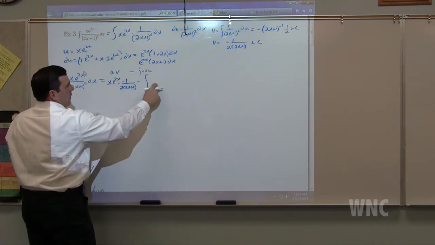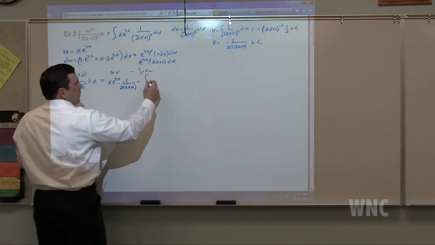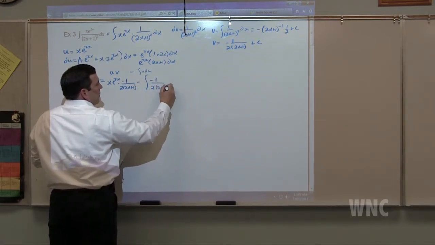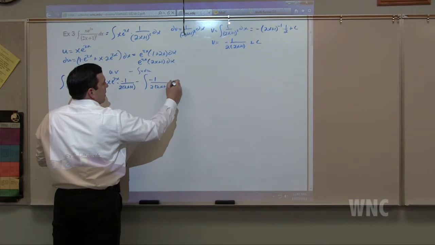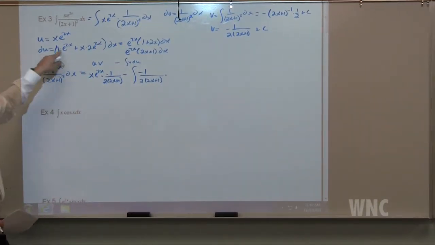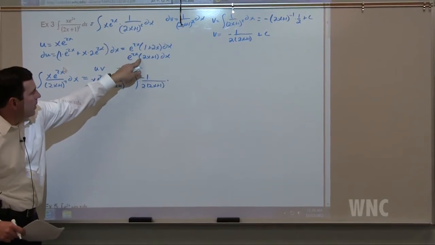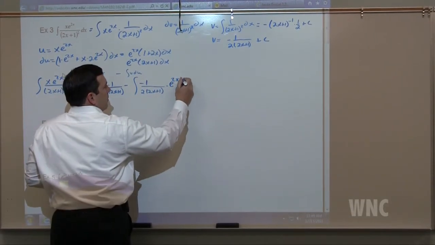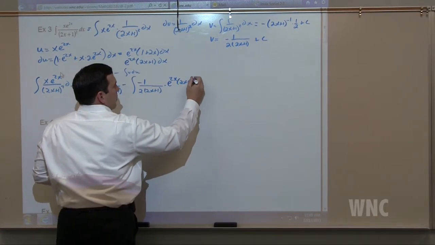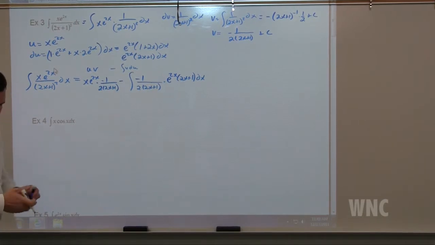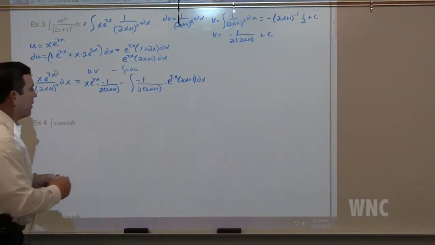So here we're going to have our v du. V we said was negative 1 over 2 times 2x plus 1 times, and then we have our du, which worked out to be e to the 2x times 2x plus 1 dx. Now the nice thing here is that we can divide stuff out.